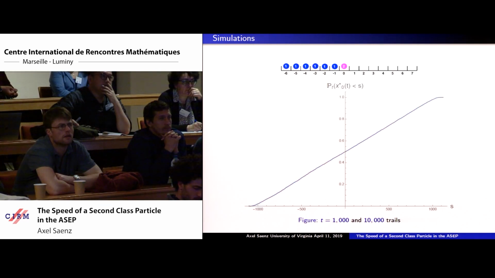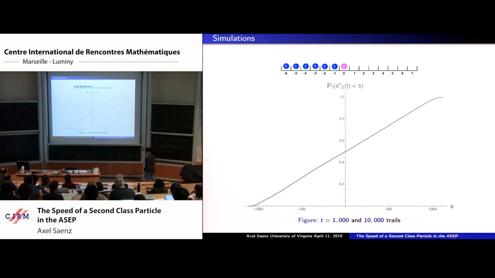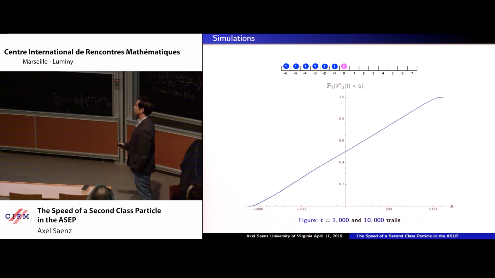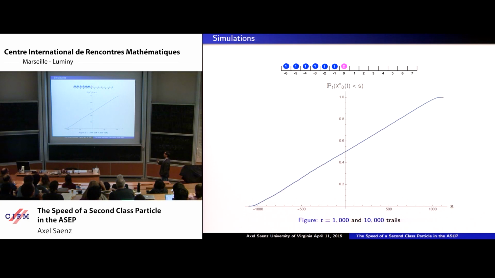This project actually started last summer during a summer research program where we were just doing calculations and simulations, and in particular, we started simulating second-class particles. I was just wandering around.